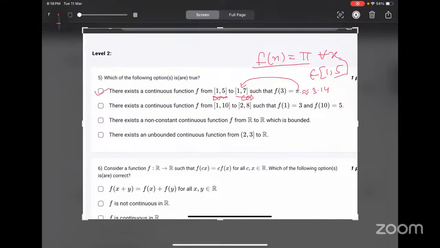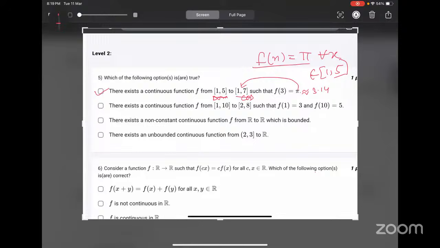How? Example? But non-constant. We need a continuous function. Okay, so try to think about it. Is there any example? R to R, but bounded.